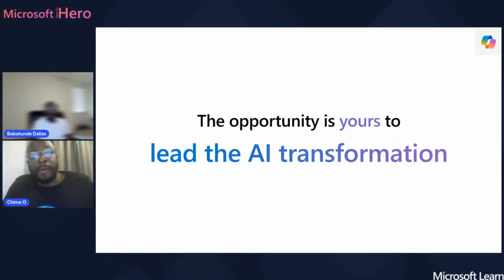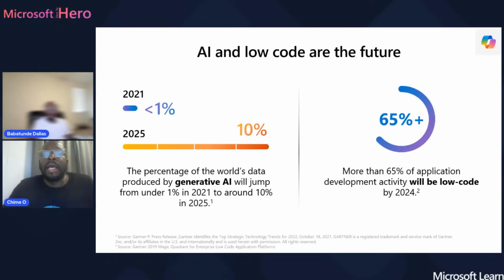They also need to take care of them. There's a lot of talk saying AI is the future. Yes, AI and low code. A lot of organizations are also going into the low-code space. There's a survey this year, according to Gartner, which says a percentage of the world's data is going to be produced by generative AI.